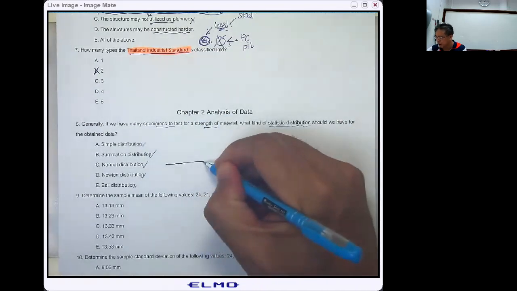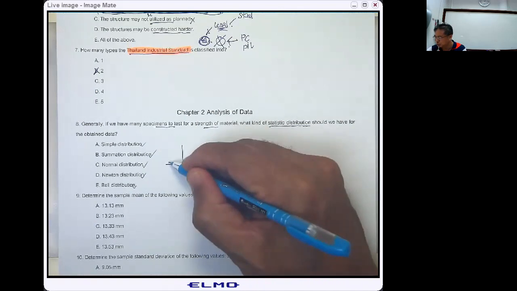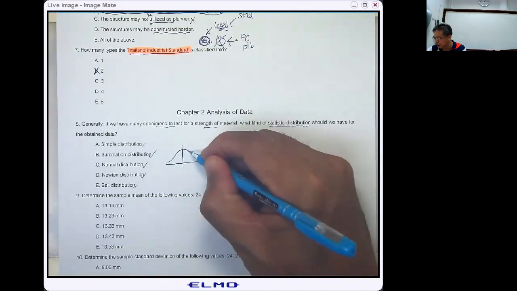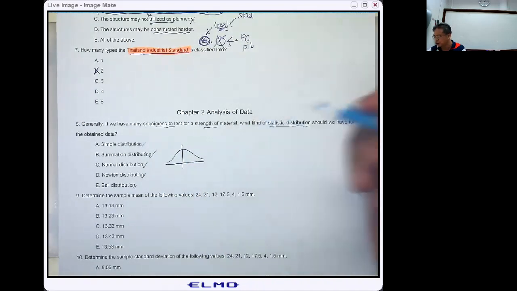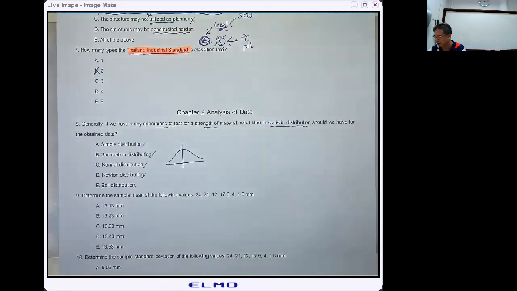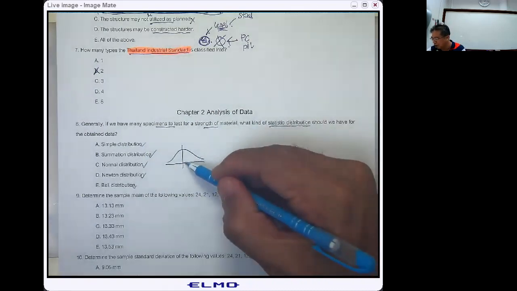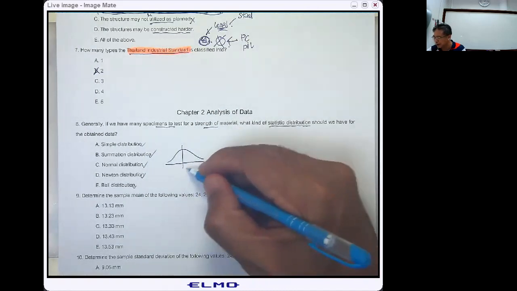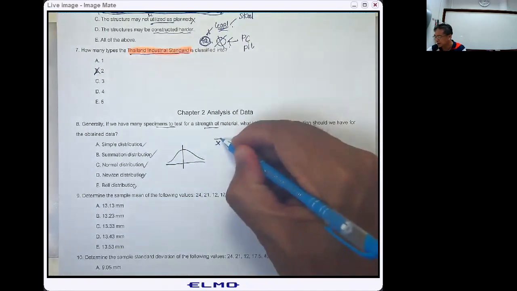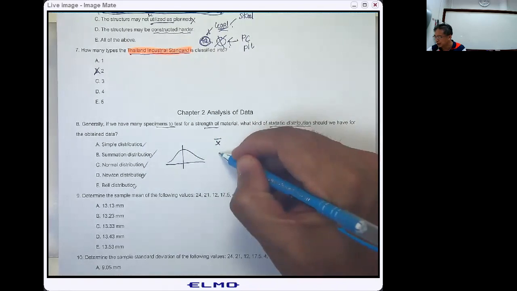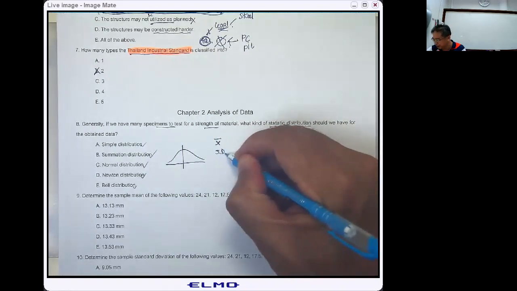You know what? When we have to test a lot of specimens, you will have this kind of distribution of the data, and then we can determine the average. We can determine the standard deviation.